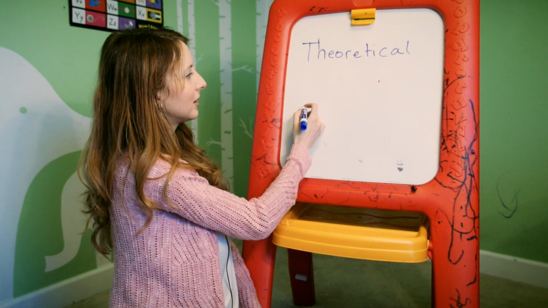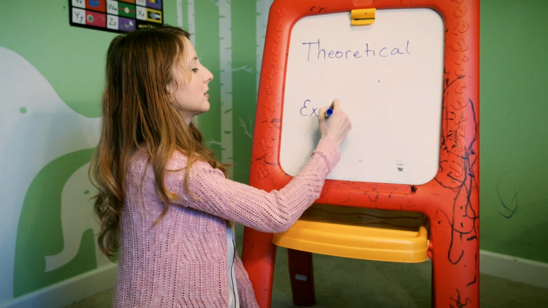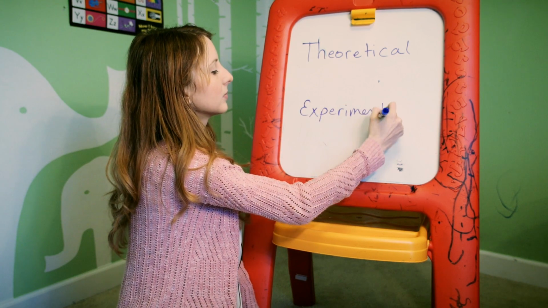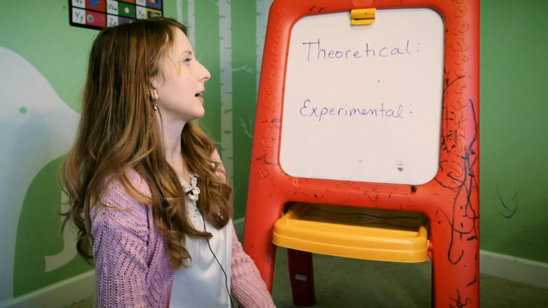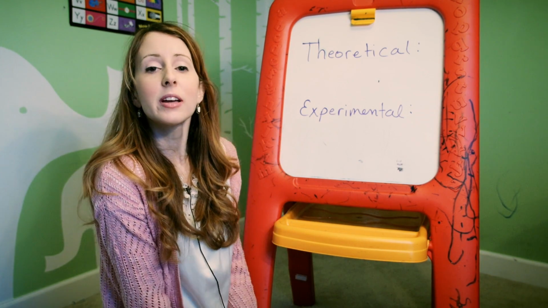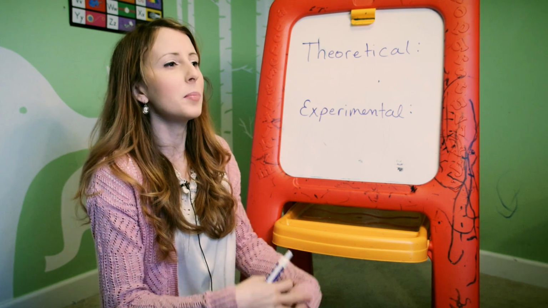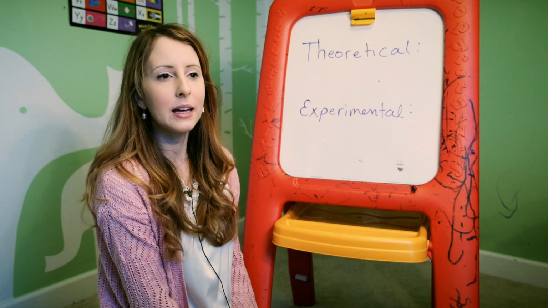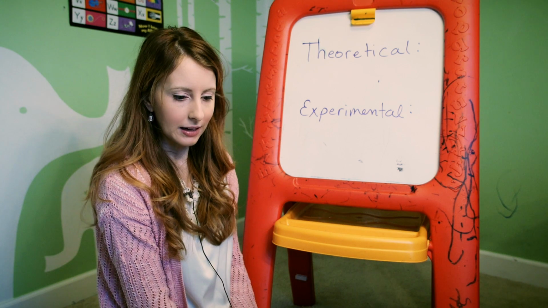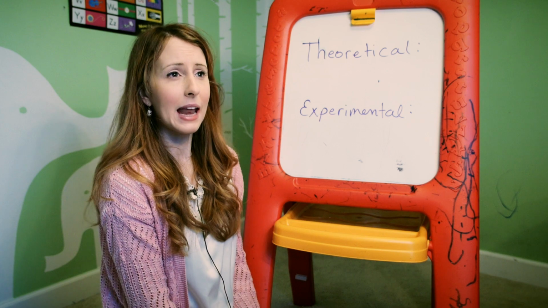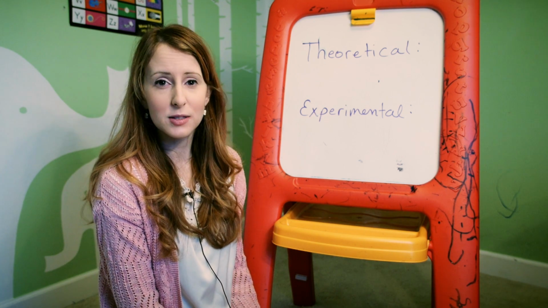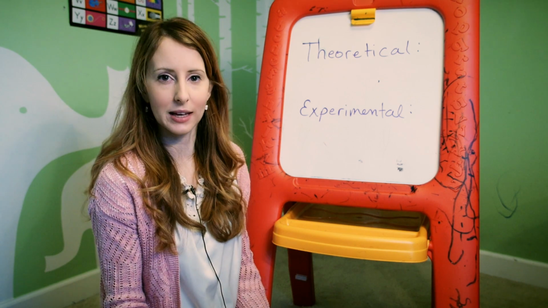All right, theoretical and experimental. If you're given a probability problem, it could be anything. It could be, what's the probability if you go to the airport that the next 4 flights will be Southwest flights?